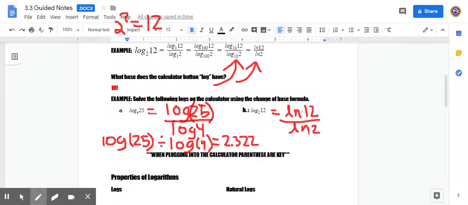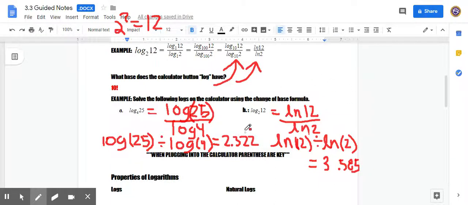When I plug this into the calculator, I'm going to put 12 divided by ln 2. And when I do the ln of 12 divided by the ln of 2, I get 3.585, which is telling me that the log base 2 of 12 is 3.585.